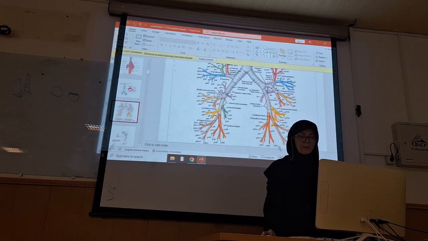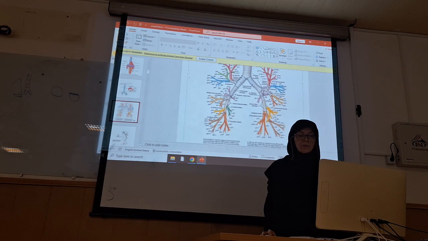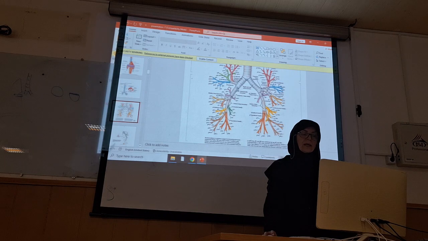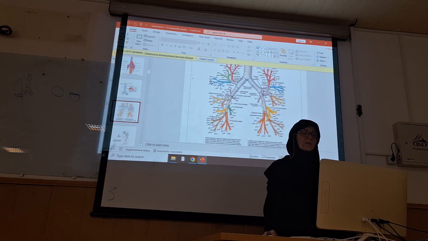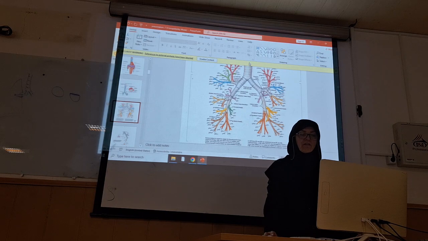Now look at here. Each main bronchus enters the hilum of the left and the right lung. These U-form or C-form cartilages are visible superiorly, exactly here at the inferior end of the trachea, this part.